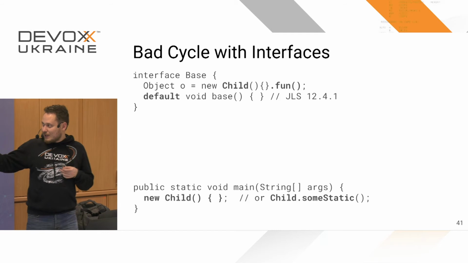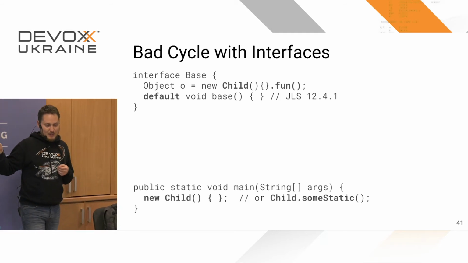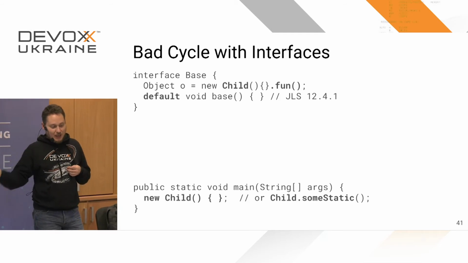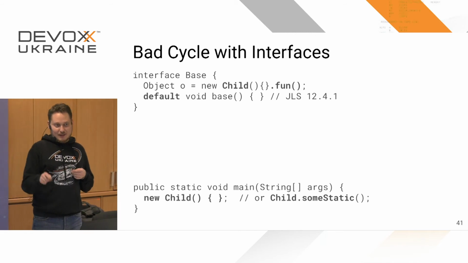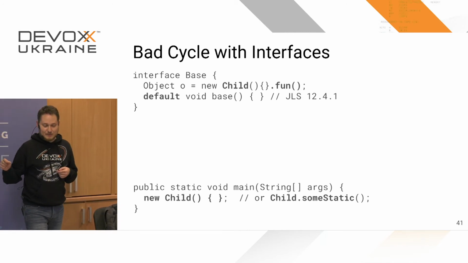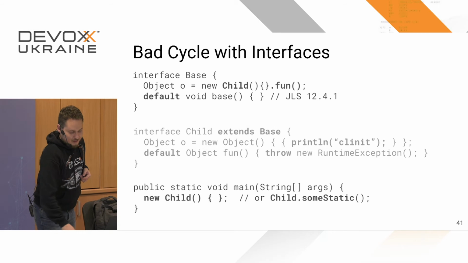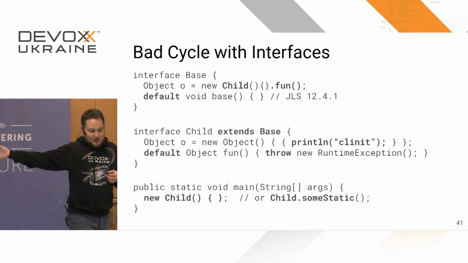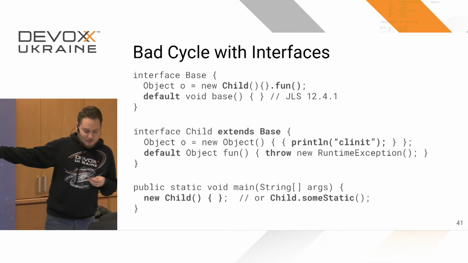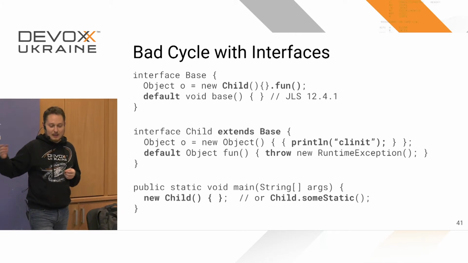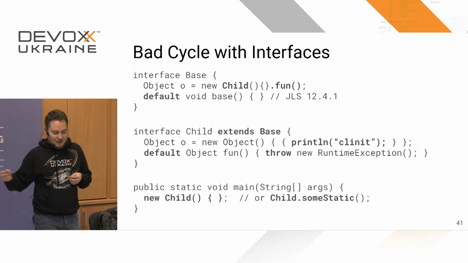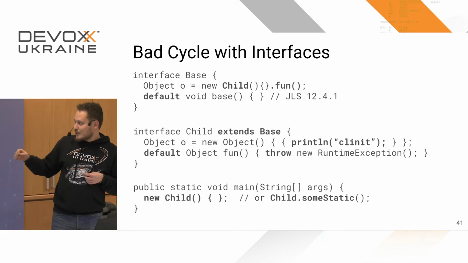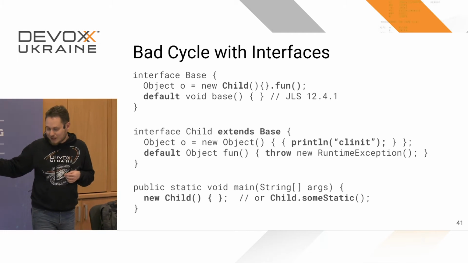The very first line is exactly the equivalent of what we've seen before. It's a call of a child during the static interface initialization. And here is a child. The method which we are calling in this child is the default one, and another object is constructed here because we would like to have a little bit of debug output.